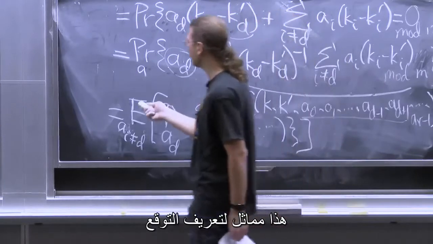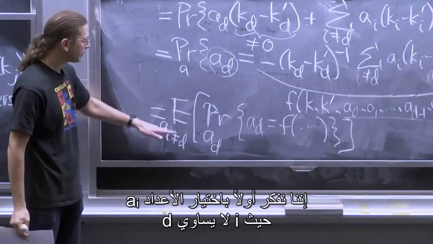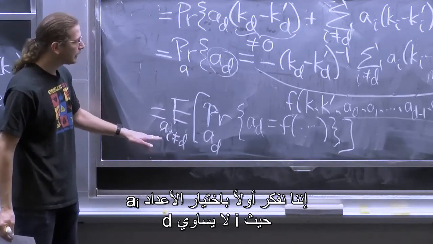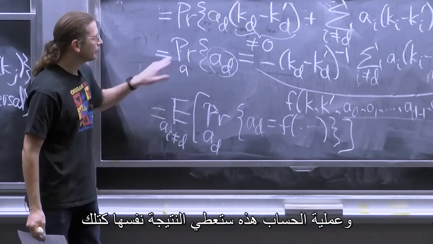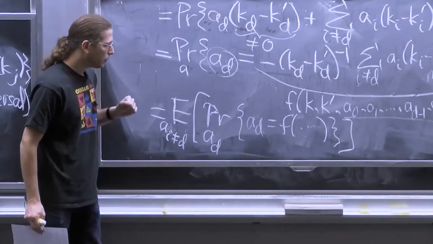If you just think about the definition of expectation, this is doing the same thing. We're thinking of first choosing the AIs where I is not equal to D, and then we choose AD, and this computation will come out the same as that.